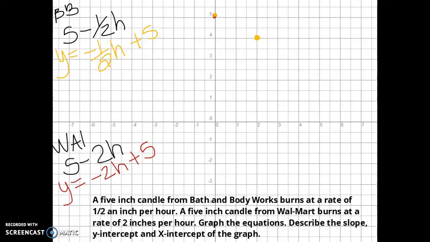Again, because the half says down 1, right 2. Down 1, right 2. And of course, 2 points determine a line, so I'm done. So now let's draw a line.